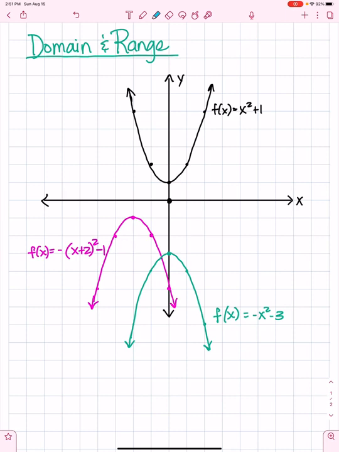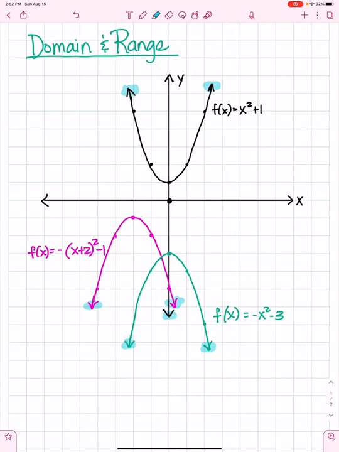So if you'll notice here, I've got three parabolas drawn out. I've got their equations by them, and you can clearly see what they look like. All right, so the very first thing we're going to do is I want you to notice that on each of these parabolas, I have indicated that they go on forever. And when we say forever in math, oh, I highlighted the y-axis instead of the arrow, okay.